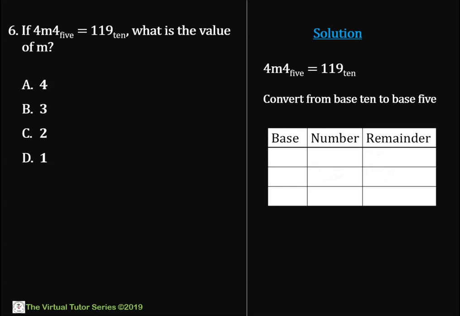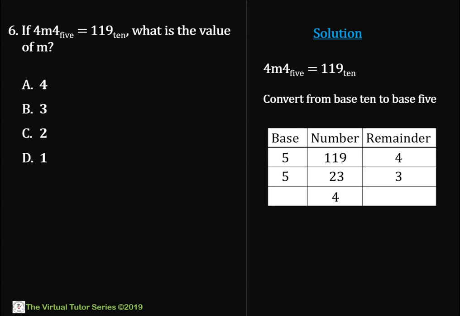We have the number to be 119 and the base to be 5. 5 into 119 is 23 with a remainder of 4. 5 into 23 is 4 with a remainder of 3.